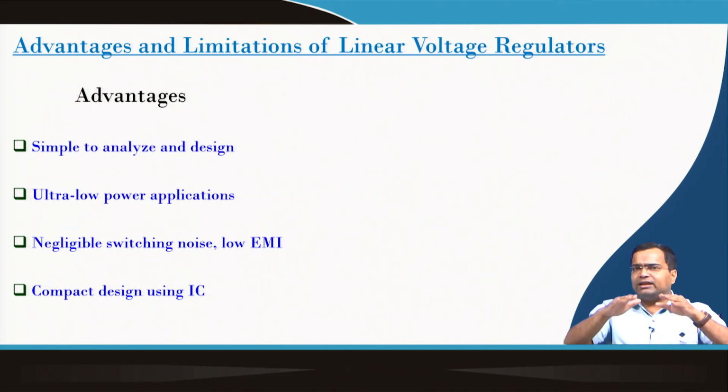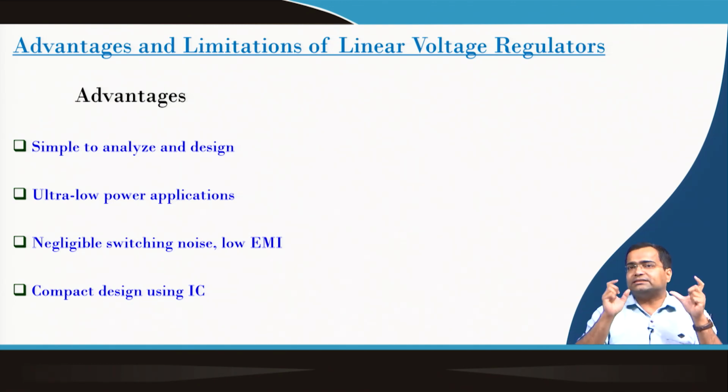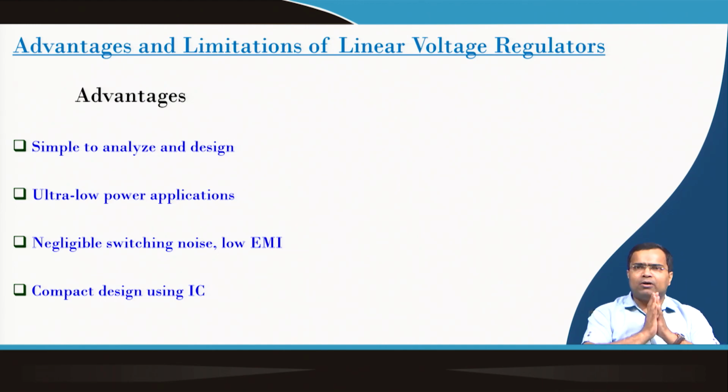Even though it is not highly efficient, we still need to limit the losses across the resistance, because that power loss will be converted into heat energy and it can heat up. So, at low power, that heat can be managed.